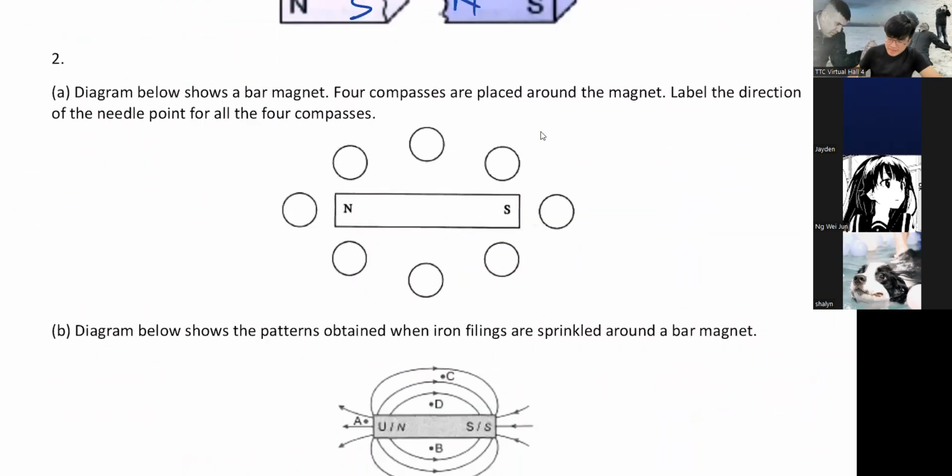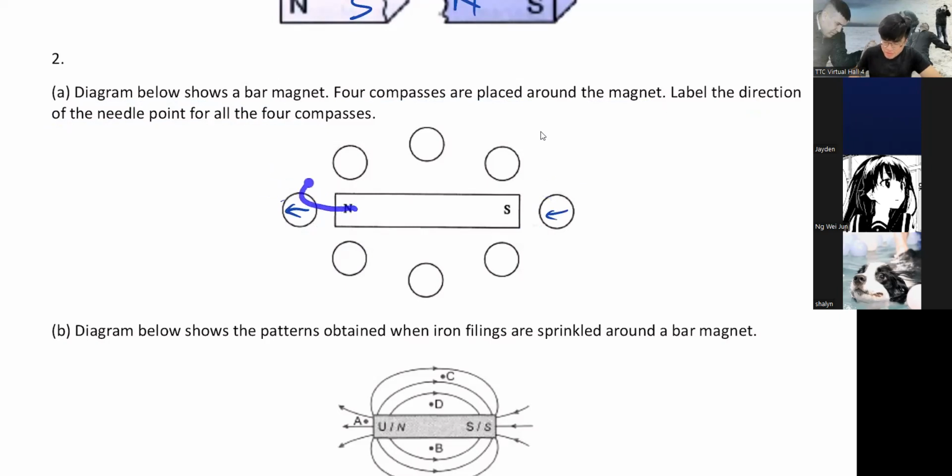All right, easy. So number 2, the diagram below shows a bar magnet. 4 compasses are placed around the magnet. Label the direction of the needle for all 4 compasses. There are like 8 here, whatever. Just follow the lines of the magnet. So this is going out, pointing out. This is pointing in.